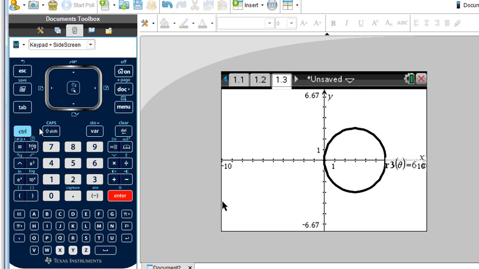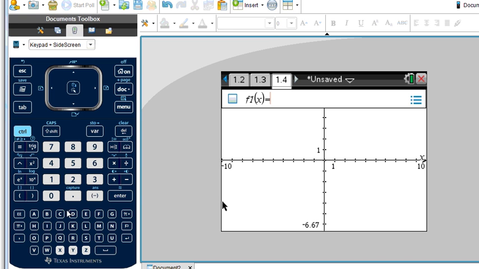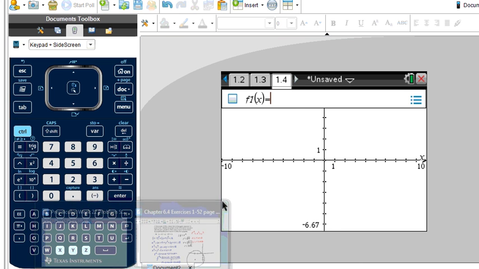And we go to Control I, Add Graph, and we're going to put our form here. I think I messed up this one here. What did I do wrong here?